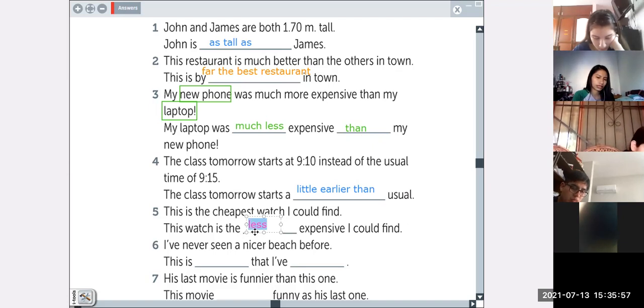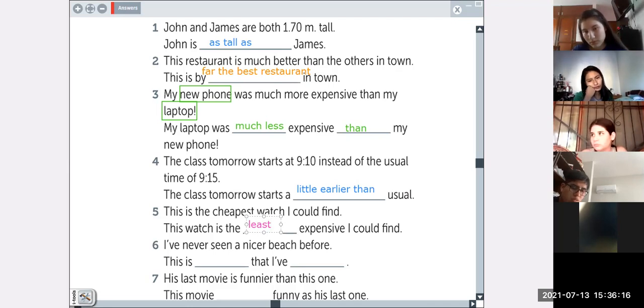Can you spell the word, Fernando? L E A S T. Yes, this watch is the least. Ok, siempre que hagamos el superlativo, the less is least. The least expensive I could find. Okay.